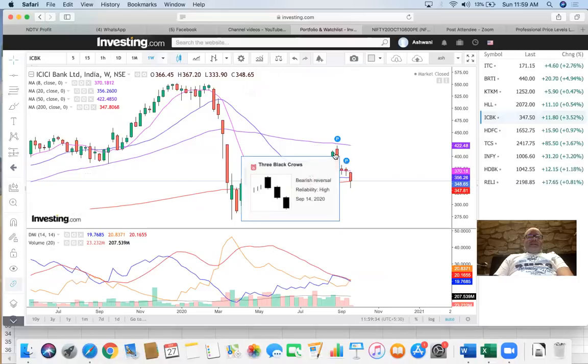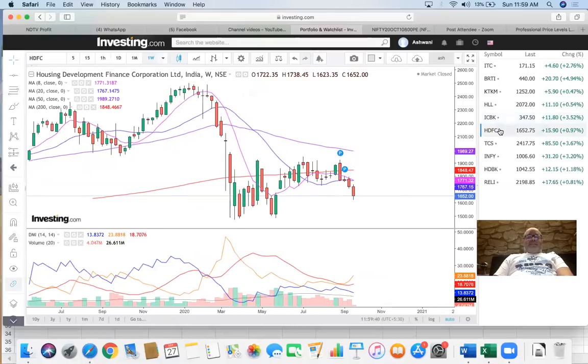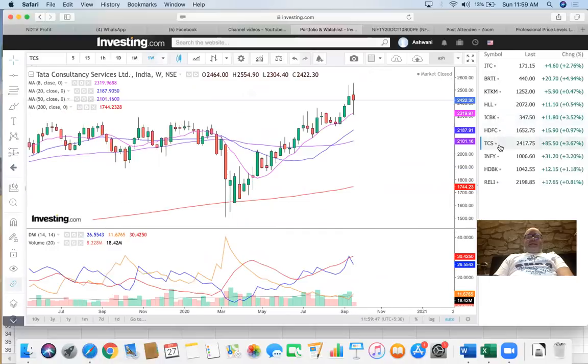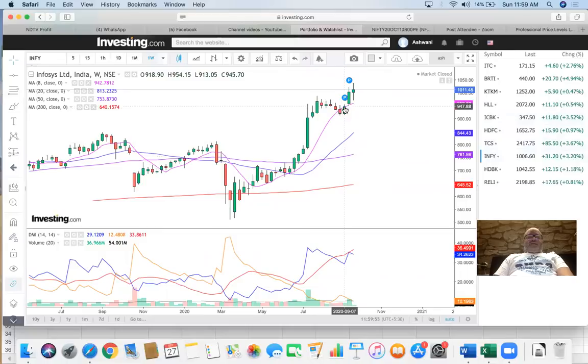ICICI Bank, again on a weekly basis, it is coming down, although slowly. HDFC Bank, again a big red bar. TCS still holding on, I would say, but Infosys looks strong.